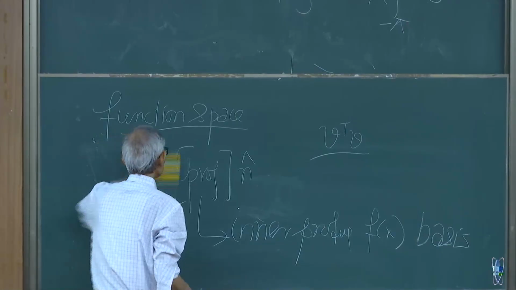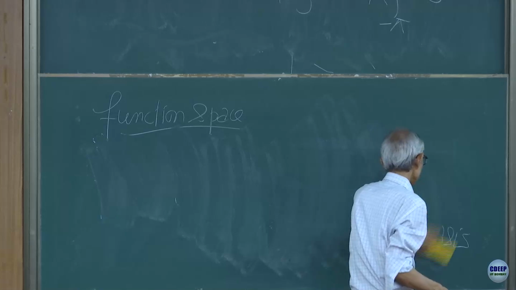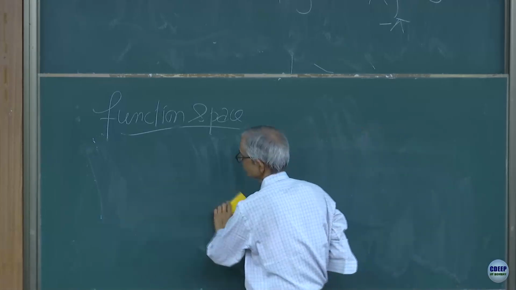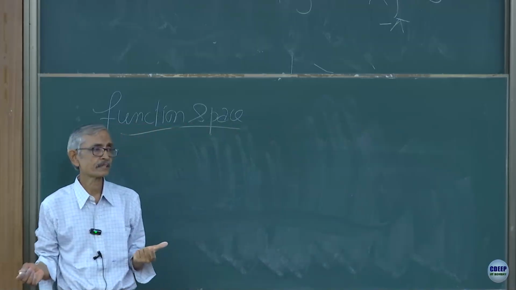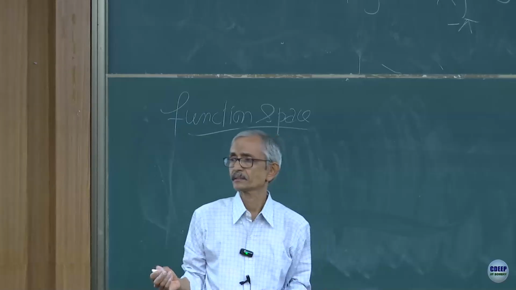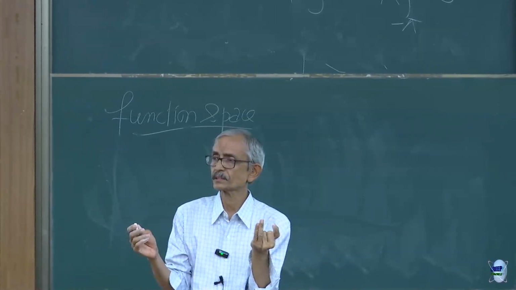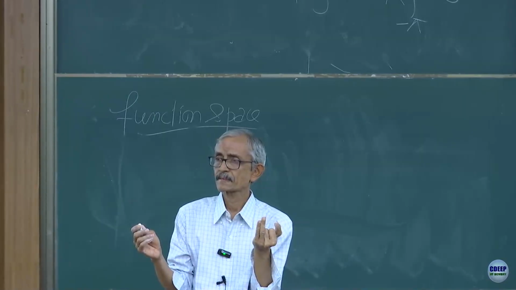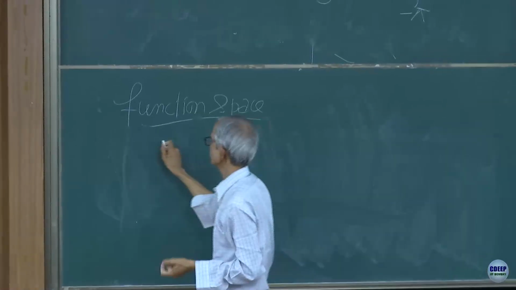What did we say are basis functions for our 2D vector space? What were the basis functions that we had? i and j, right? That was for that. And what was the property of those functions? They were orthonormal.